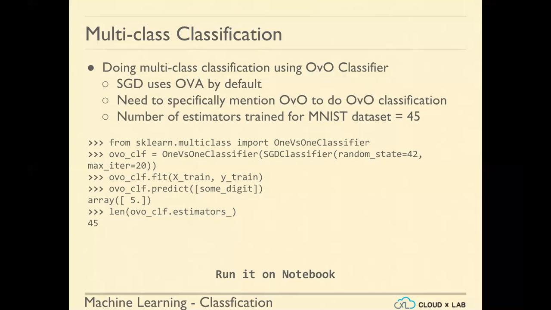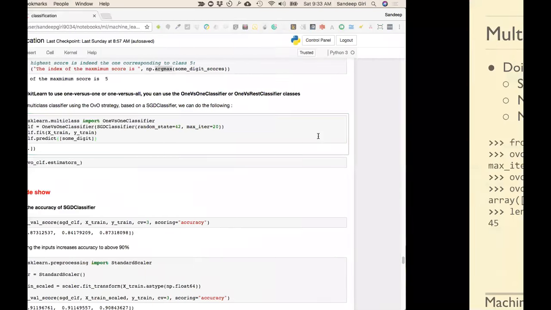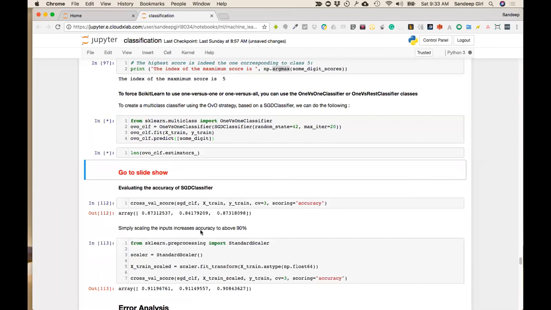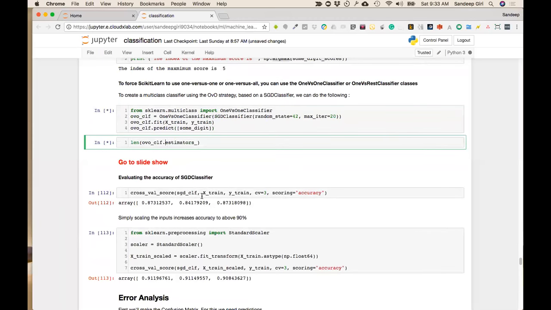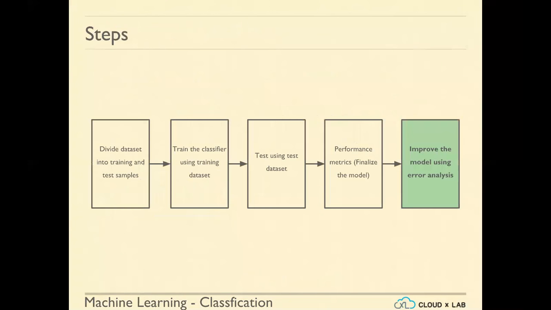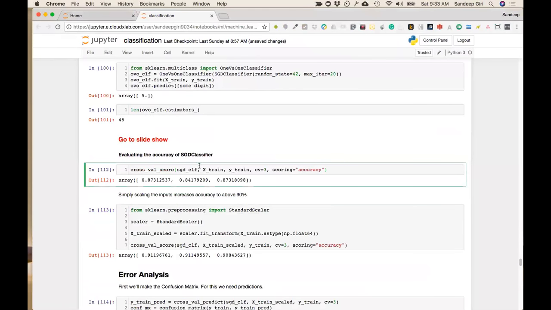All right, great. So we are able to do the one versus one classification. Okay, let it go. Never mind. So now let's learn how to estimate the accuracy.